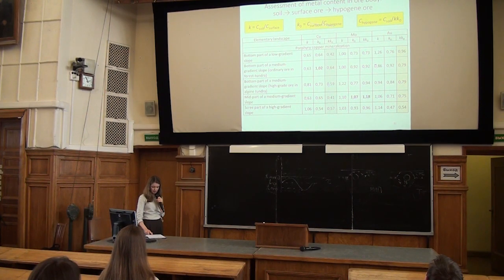And here are the coefficients to be applied to copper concentration in soils to estimate concentration in the primary ore. As you can see, secondary halos of copper are 2 times weakened on average. Secondary halos of gold are weakened by 25%.